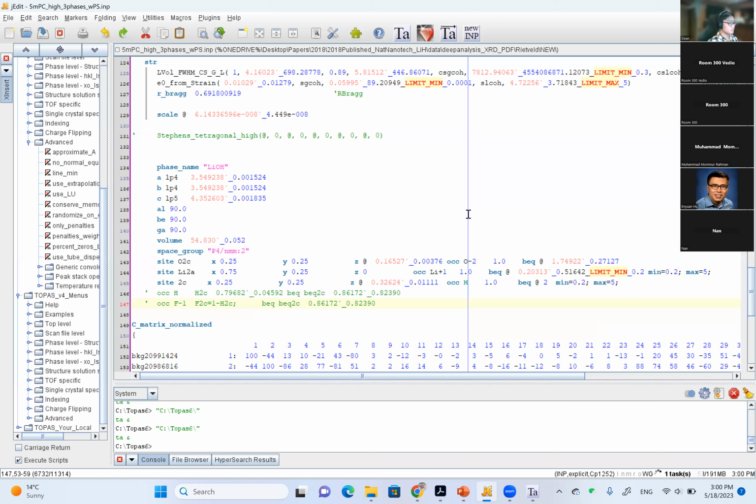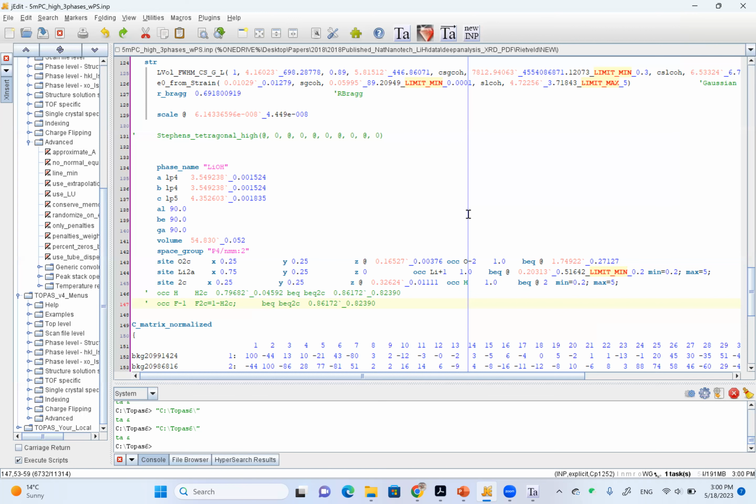So we do a refinement that is a mixture of both Rietveld and Le Bail. For the Rietveld refinement, we get information of interest to us: lithium metal, lithium hydride, lithium fluoride, lithium hydroxide, and those kinds of phases. And the dummy phase's contribution is to give us a better fitted background.